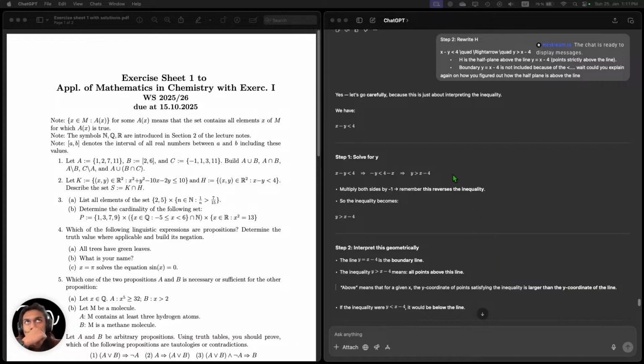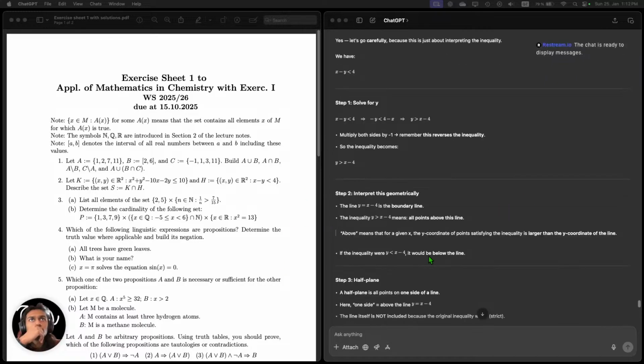Let's go carefully because this is just interpreting the inequality we have. Okay, solve for y. Multiply both sides and reverse the inequality. So the inequality becomes, interpret this geometrically. The line y equals x minus 4 is a boundary line.